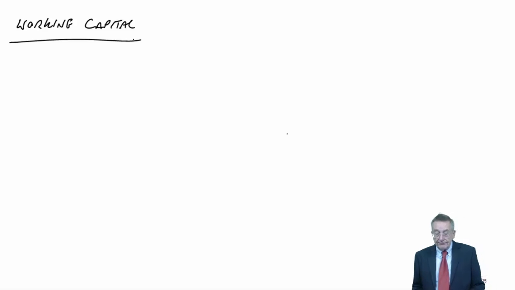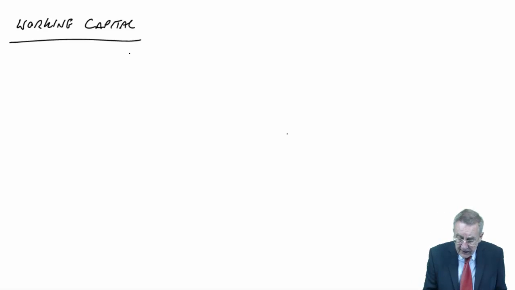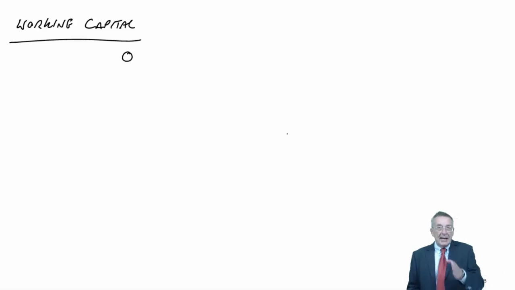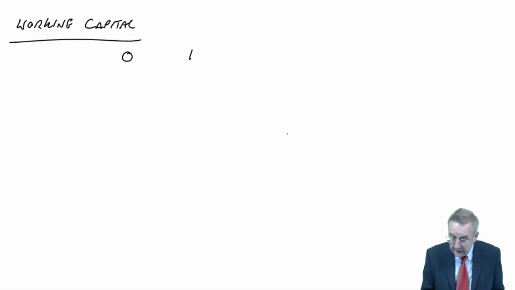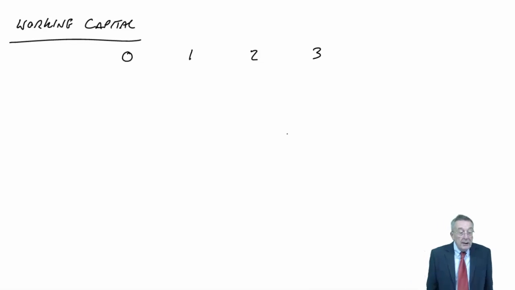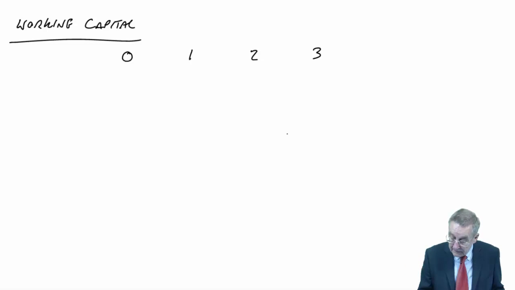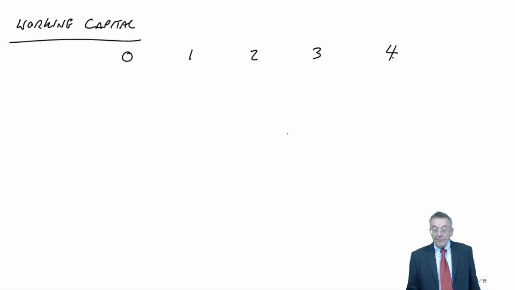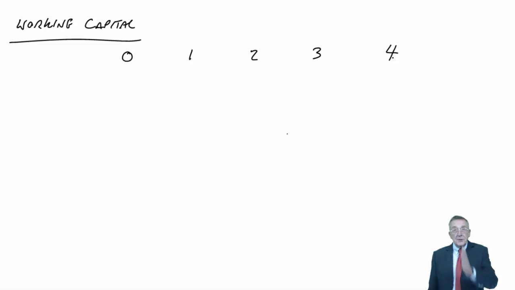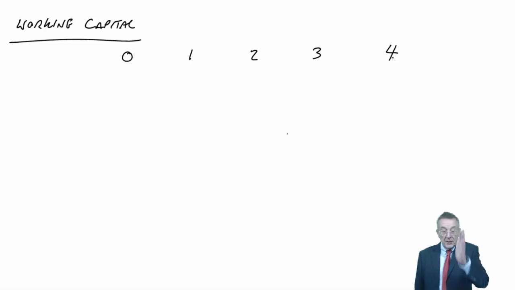But standardly, it's neat to set it up in columns. That are naught is now, time 1 is in 1 year's time, 2 years' time, 3 years' time, and so on. Well, it says this project lasts 4 years. And so I'm going to do columns, whether it's a cash flow now or it's in 1 year's time, 2 years' time, etc.